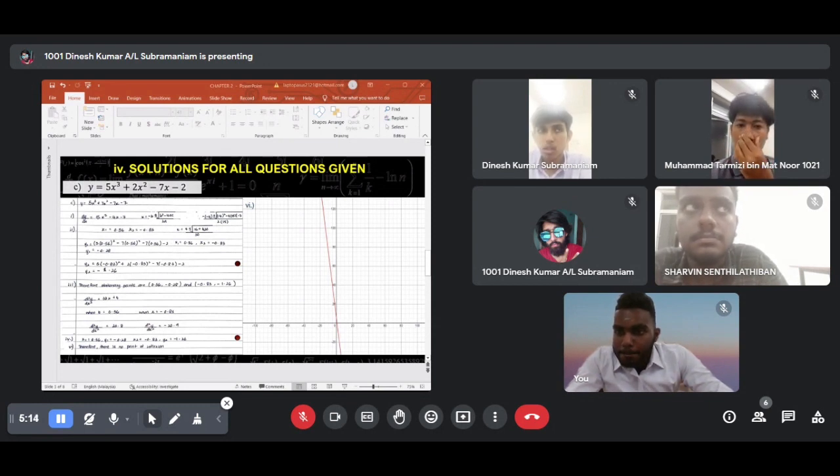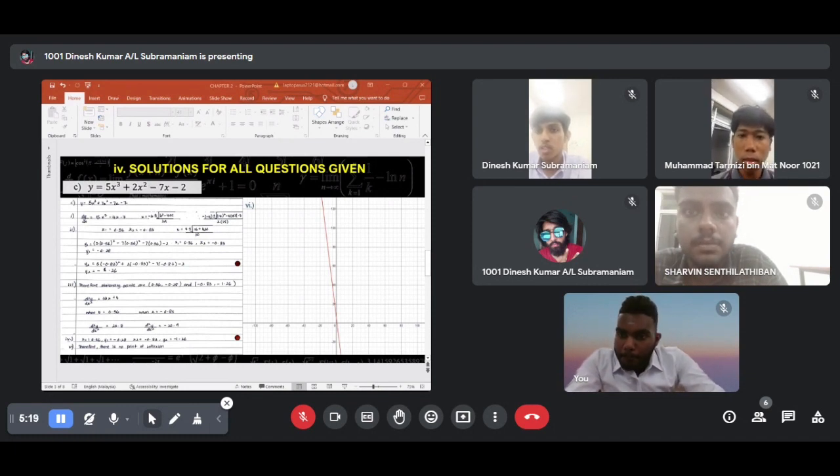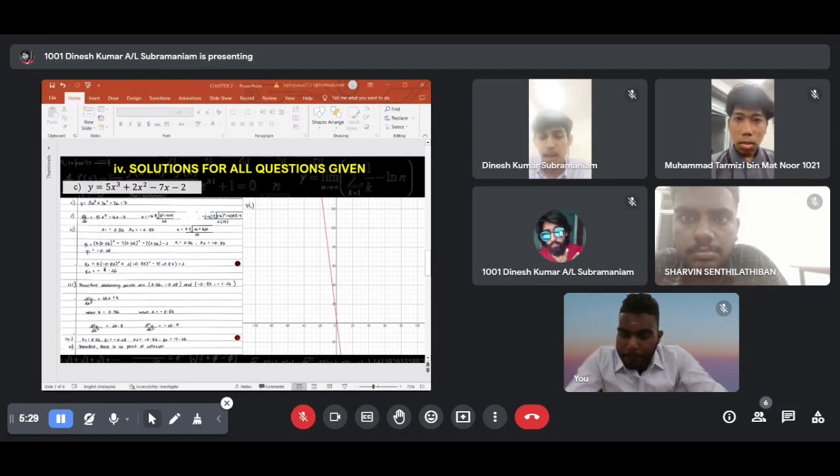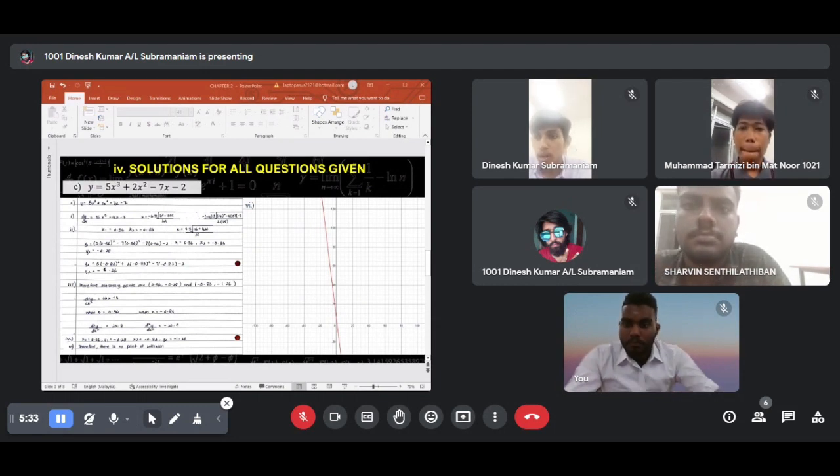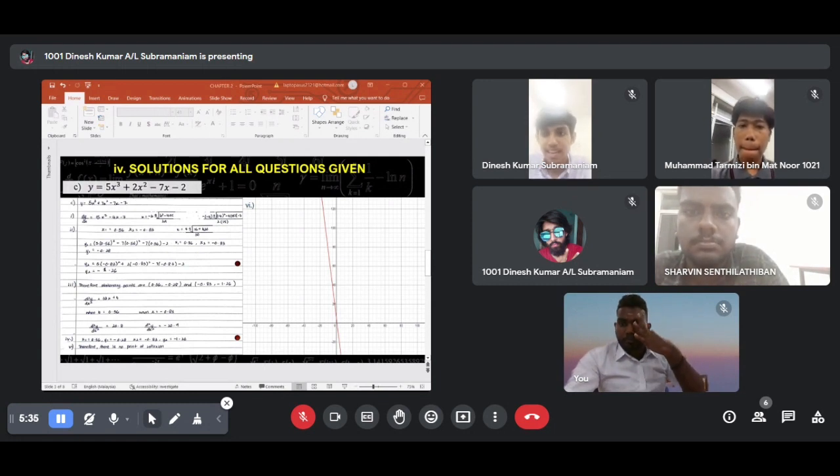The next question asks how many stationary points the graph has. The answer is that the stationary points are (0.56, negative 0.28) and (negative 0.83, negative 1.26). Then d squared y over dx squared equals 30x plus 4.